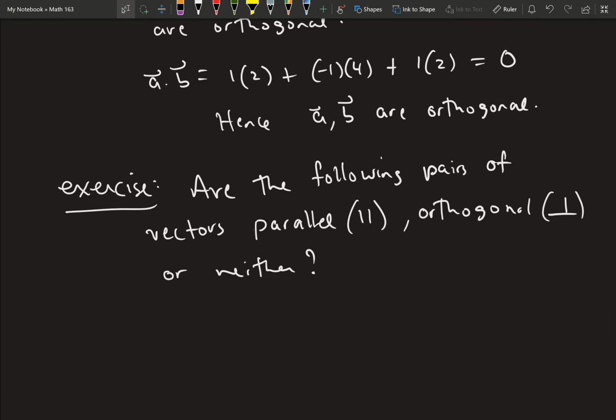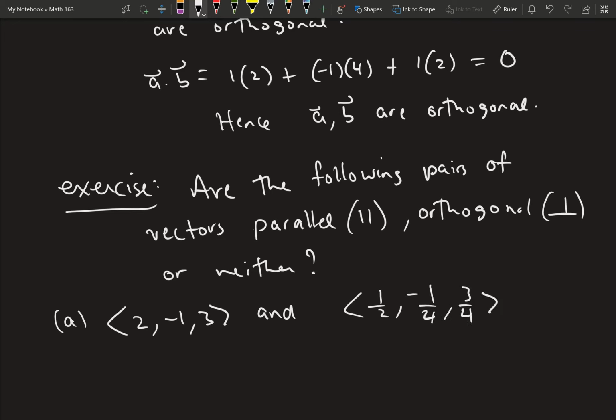Okay, so here are the pairs. 2, negative 1, 3, and 1/2, negative 1/4, 3/4.